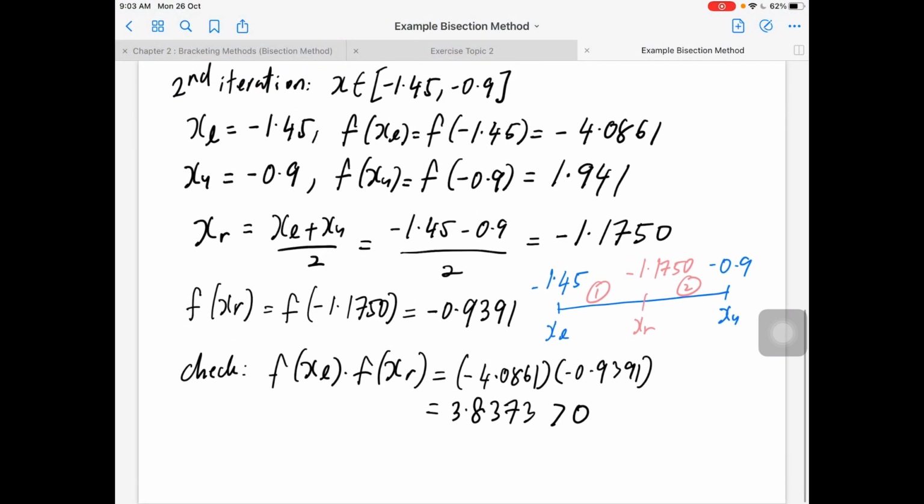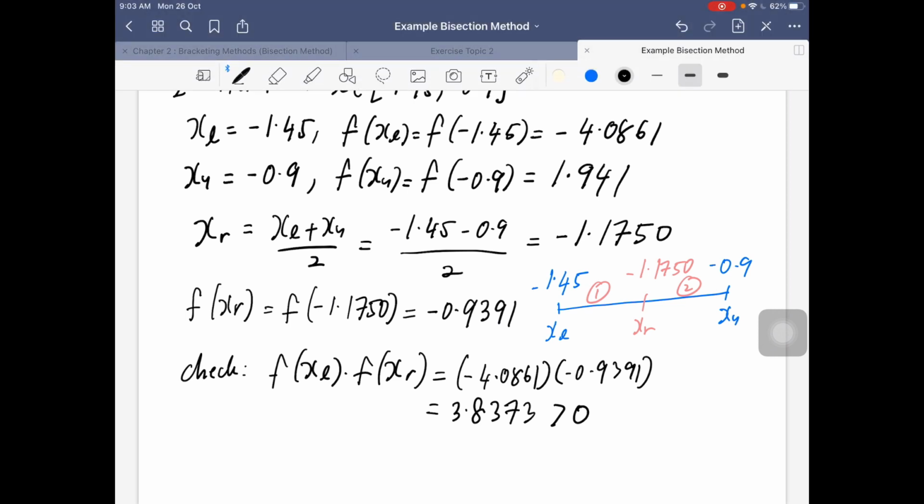From the algorithm, since FXL multiplied with FXR is greater than 0, we conclude that XL is replaced by the value of XR. So XL becomes the new value, negative 1.1750. So our XL moves to the position of XR, and now the interval that locates our root becomes smaller and smaller towards the true solution.